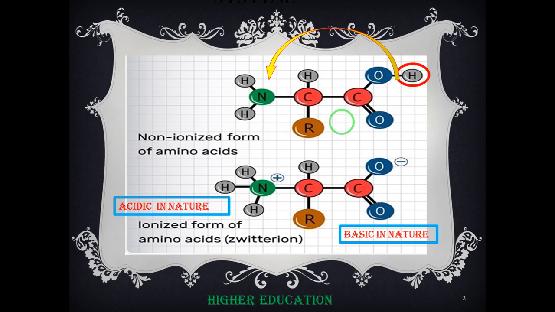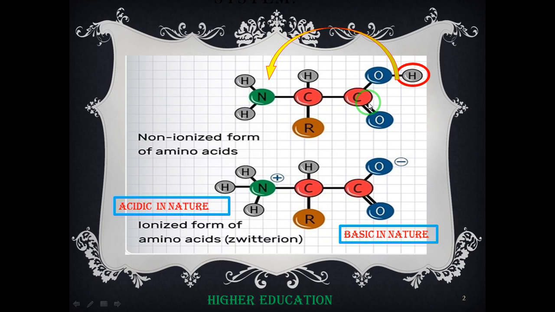First point, keep in your mind that when acid and basic groups are present at the same place, they interact with each other. When they interact, they form a salt. In an amino acid, both the acidic and basic groups are present.